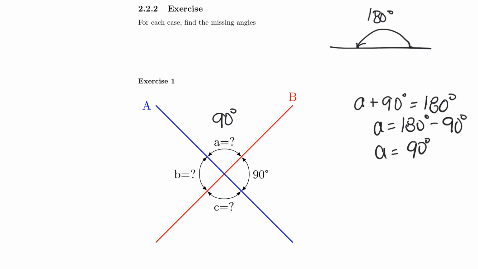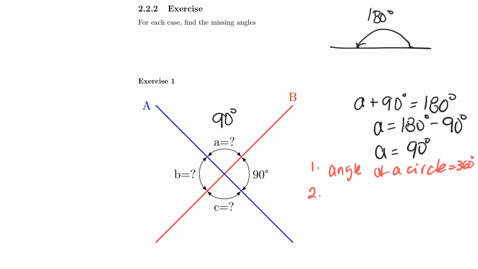Simultaneously, we have B and C. There are many methods that we could use to calculate how much is B and C. We could either say, first, we know that the angle of a circle is equal to 360, right?